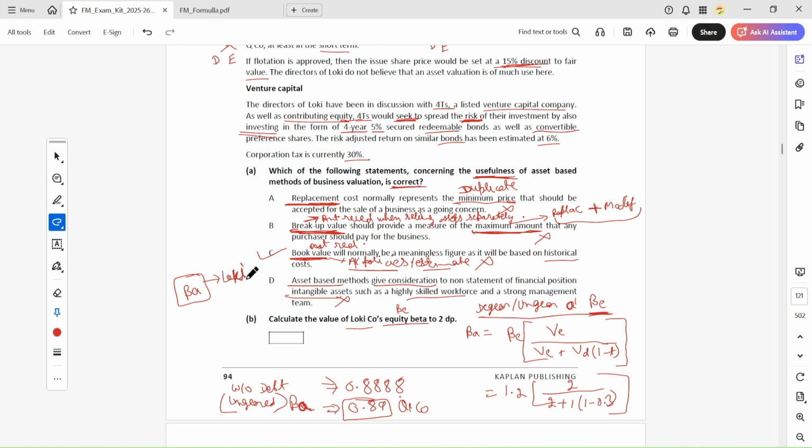And Loki company has no debt, so this asset beta is equal to the equity beta as well, because our company, the Loki company, doesn't have the debt. So this will be the answer, 0.89.